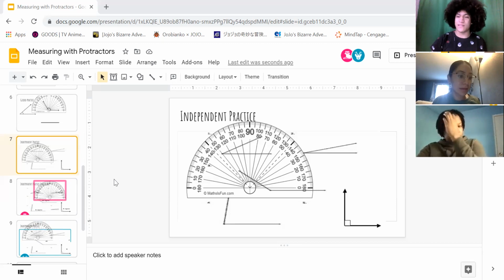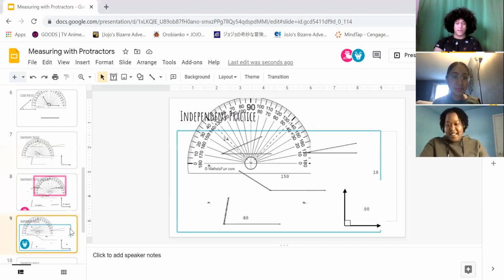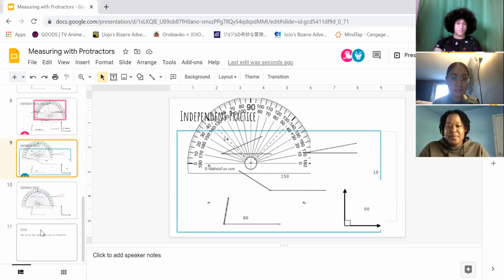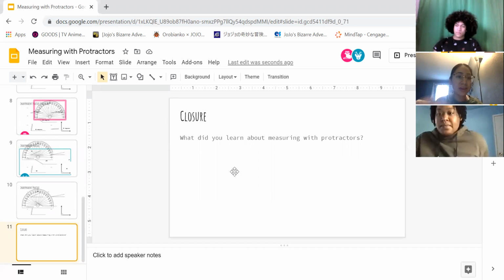I will check these independent practices during my planning period. But what I want to know is, what did you learn about measuring with protractors that you didn't know before? I learned how you can turn the protractor around the other way to measure the angle like we did before.